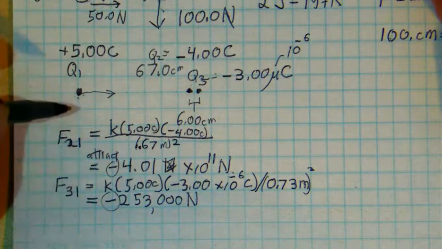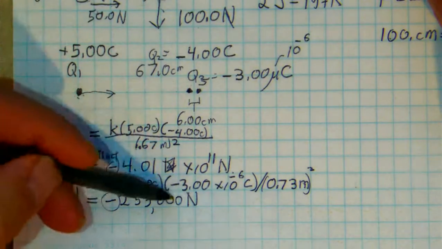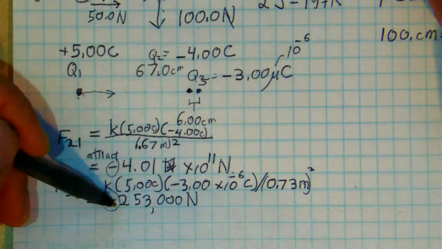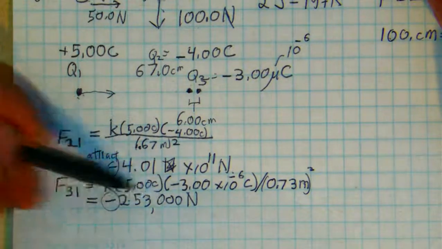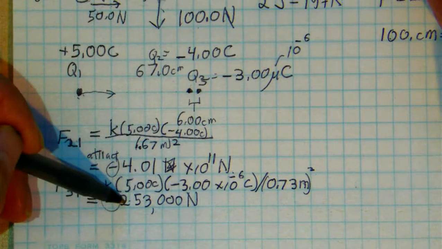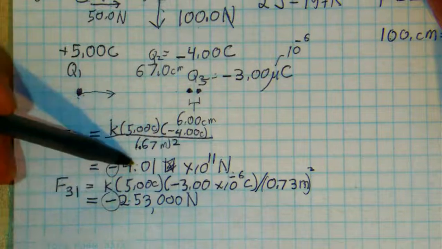Again, with the minus sign, it is pulling it to the right. It is an attractive force. Now, in scientific notation, this is negative 2.53 times 10 to the 5th power. This is slightly less than 1/1,000,000th of the force of the top guy.